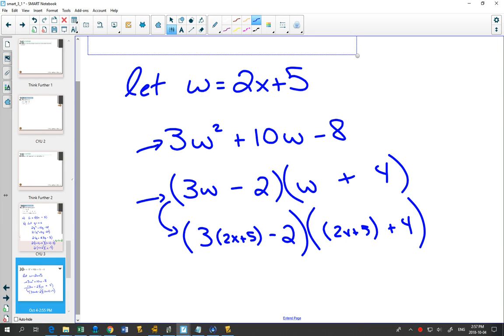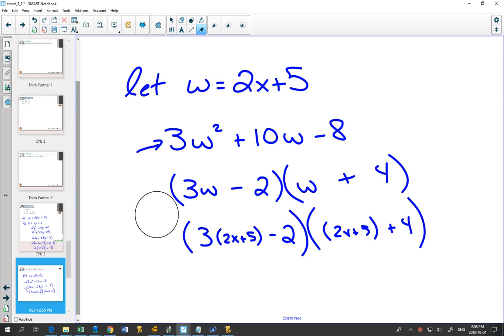Right here it's just a w. Does that make sense? So this is what, we had 3w squared, then we factored it to get the second line right here. Is that okay, the factoring part? No? Okay, I'll come help you. We'll finish this one off.